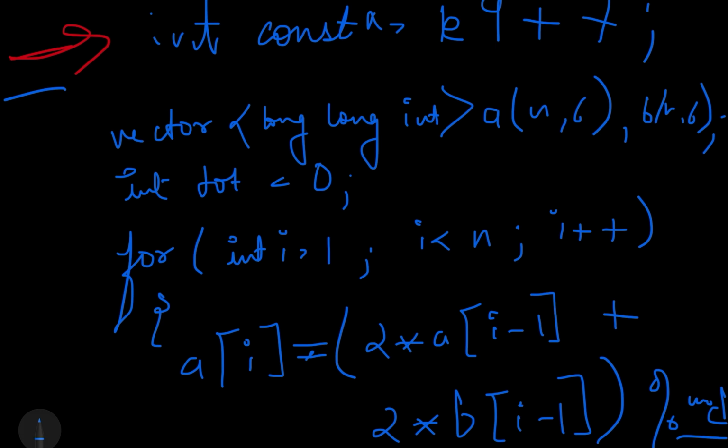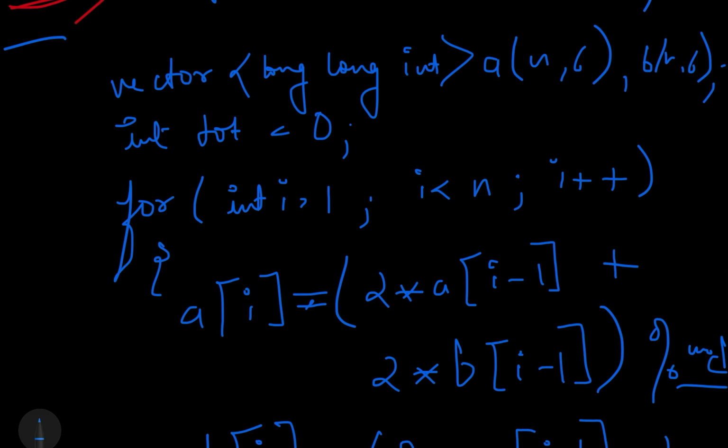So what we have done here: we initialized a and b as arrays of length n, each initialized to 6. This sets a of 0 to 6 and b of 0 to 6, which represents a1 and b1 for the first row. Then we have a loop from i equal to 1, which is row 2 since it is 0-indexed.